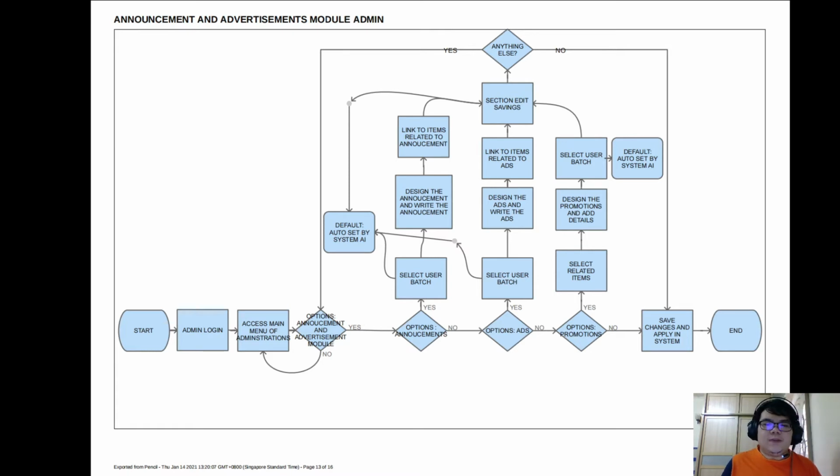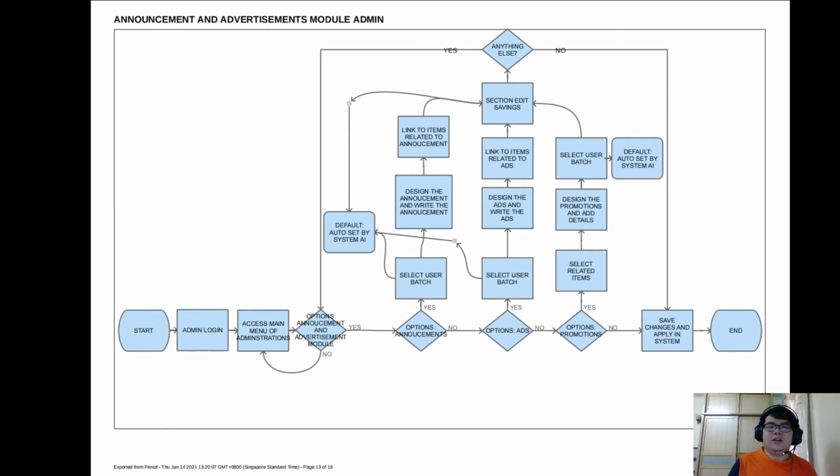the admins must manually design the announcements and ads and link them to related items, while for the promotions themselves, the admin will select the items, design the promotions for them, and then lastly link them to the users that have interest in these items.